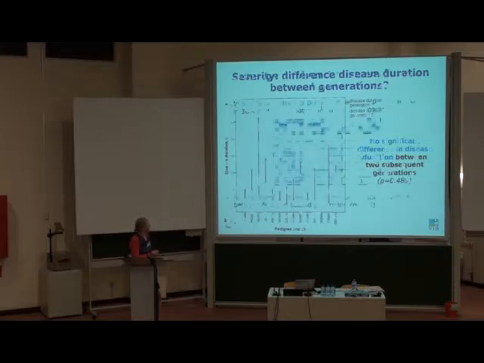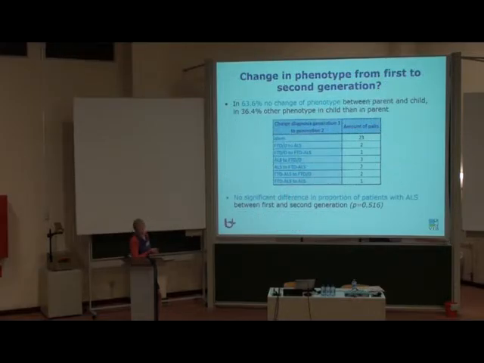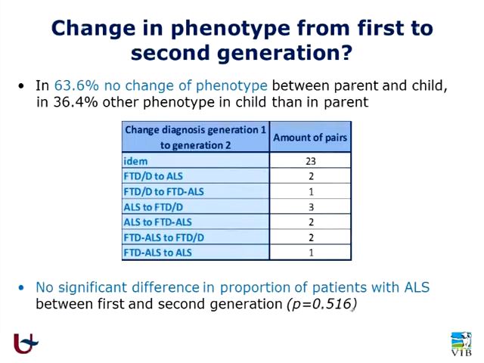And so we looked at this, and we saw that in the majority of cases there was no change of phenotype between parent and child, but in one third there was a change of phenotype. So this could be the parent had FTD, the child had ALS, or the father had ALS, the child had FTD, or FTD with ALS. As you can see here below in the table, there's no clear pattern, and all kinds of patterns were there.